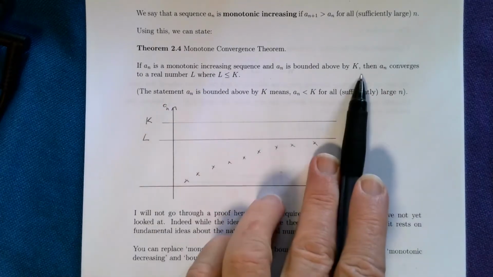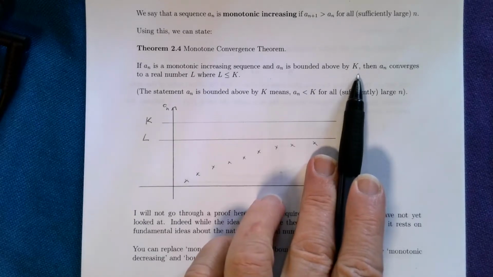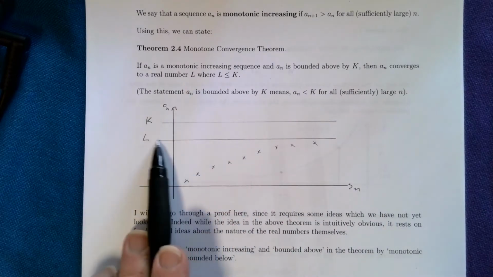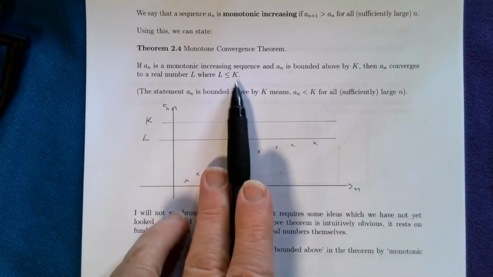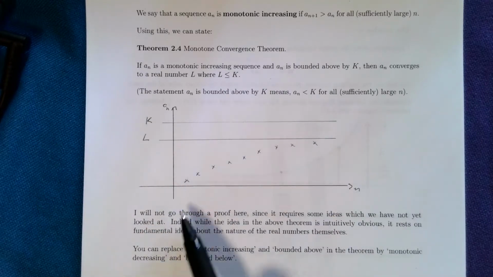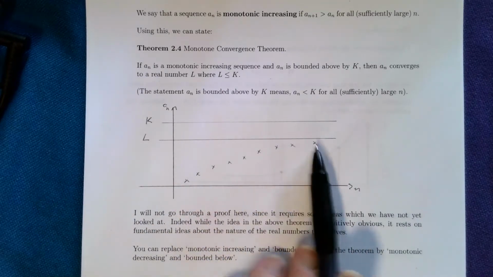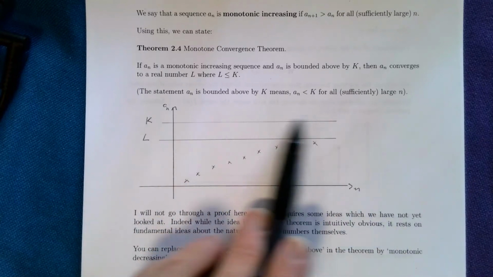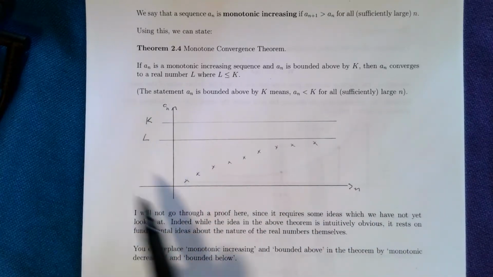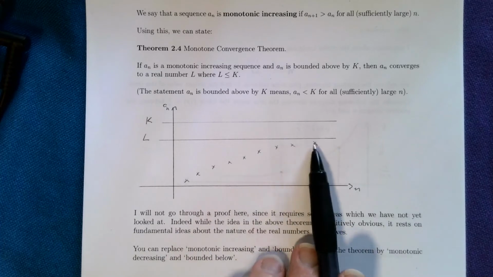It might converge to K, but in general it's going to converge to some other number L that's less or equal to K. So if the sequence is increasing, and there's a brick wall up here somewhere that it can't get past, then the sequence must have a limit L which is less or equal to capital K.